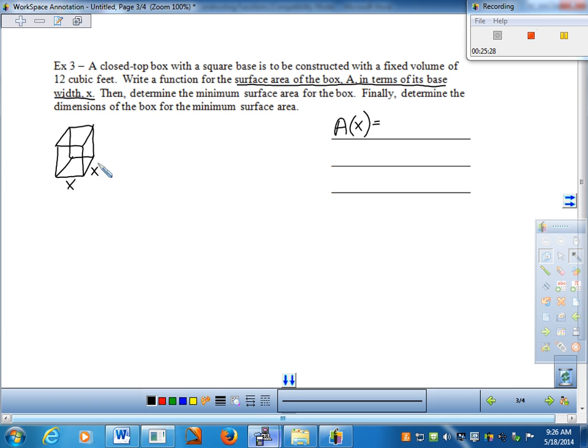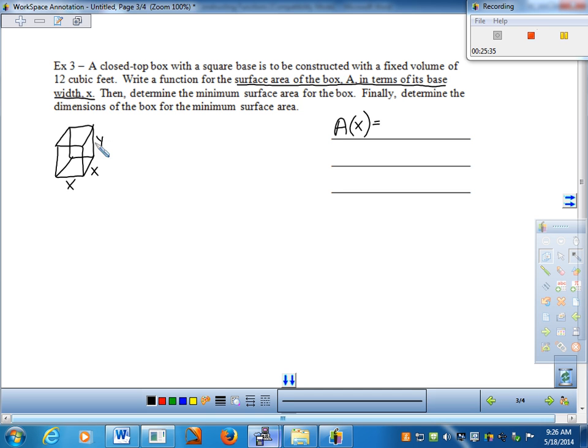So it looks like the base is going to be x by x. Now the height, there is no description on the height. So the height of the box obviously is the third dimension, and we're going to call that y. You can call it h if you want, but I'm going to go x, x, and y on this, and that seems to be the case. So square base, so that's why those two have to be the same, and in the height, the third dimension, well, a secondary variable has to come in.